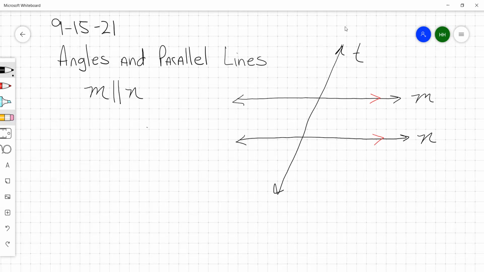So let's number these again: 1, 2, 3, and 4. 5, 6, 7, and 8.